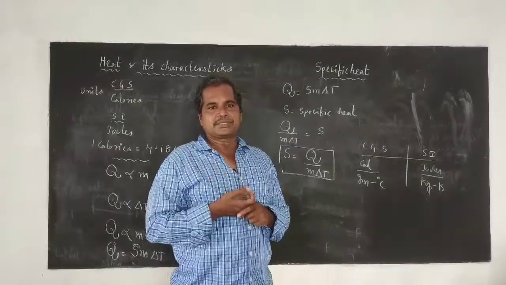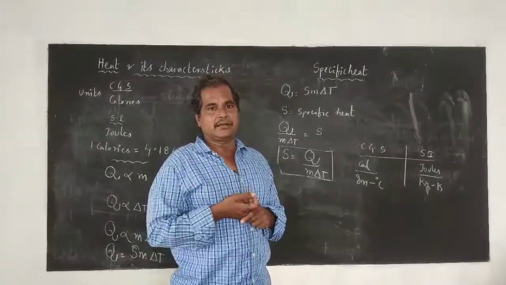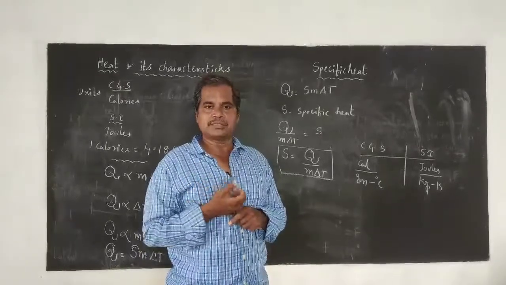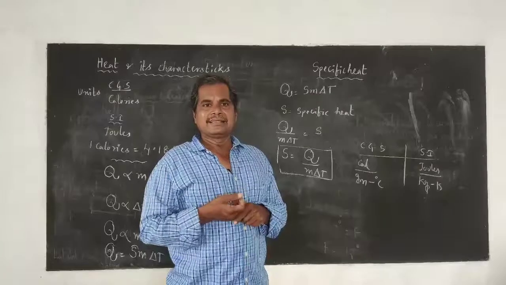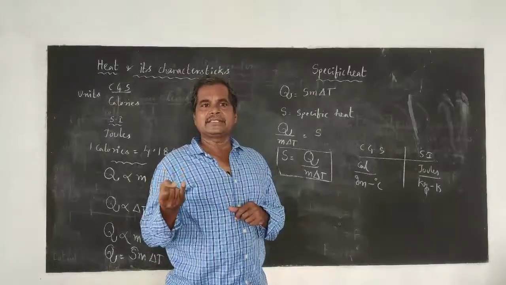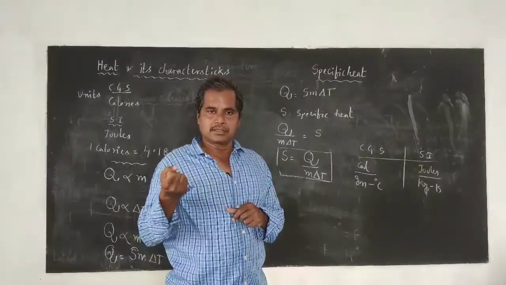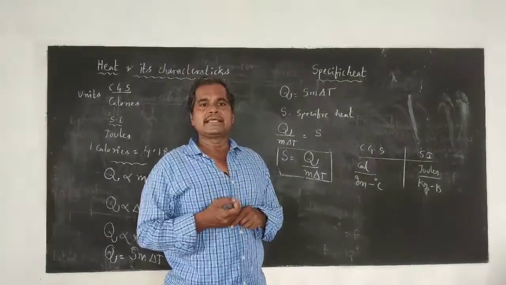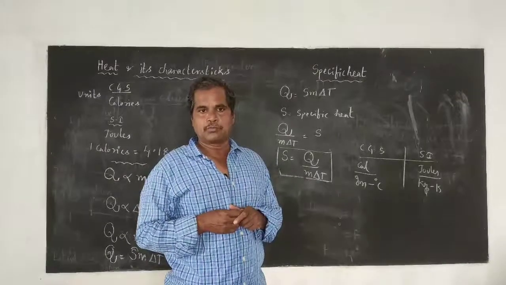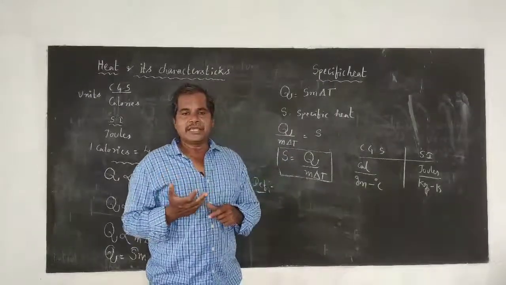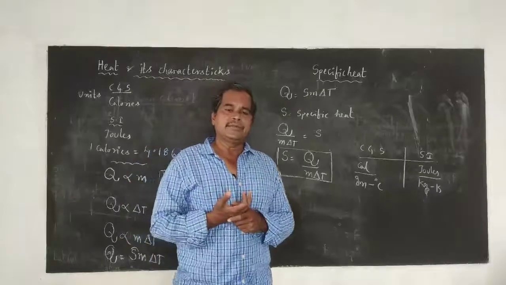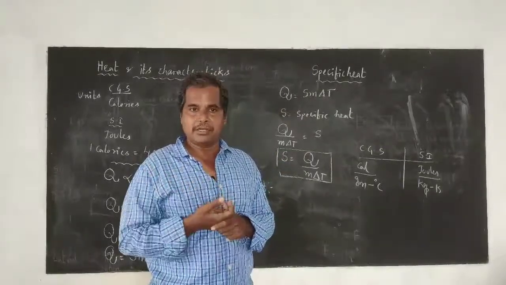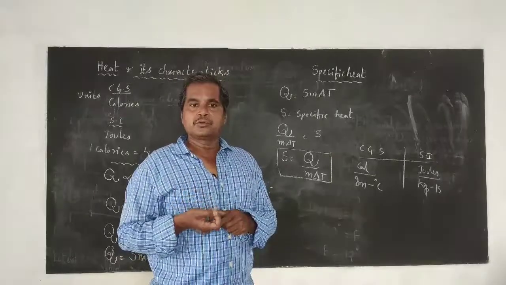So any substance or material which has high specific heat value means the rate of increase or the rate of decrease of the temperature of that substance is very slow.